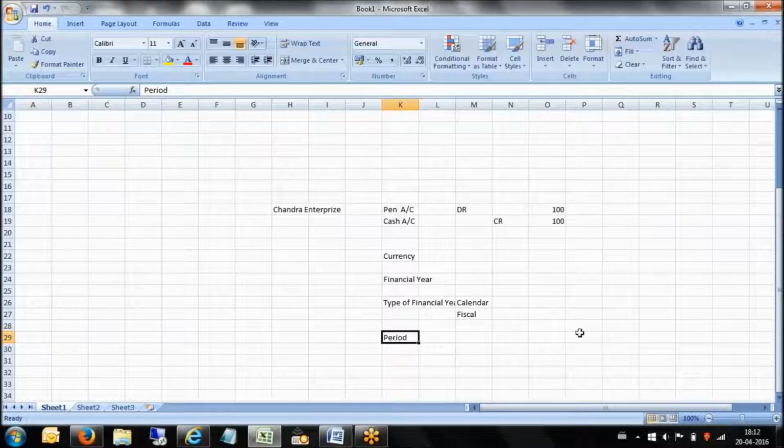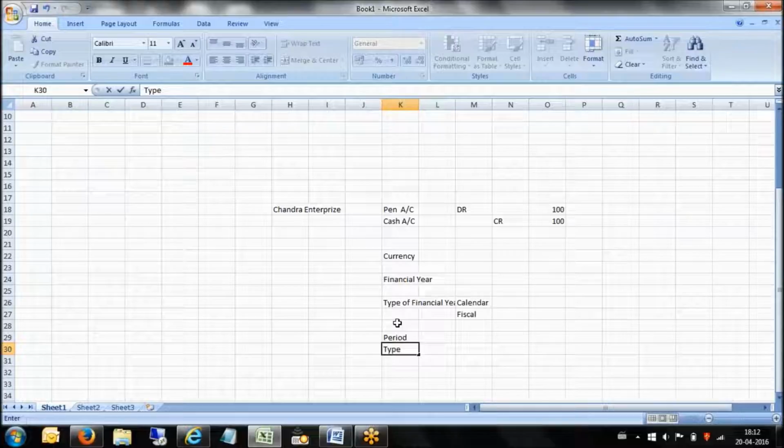But the minimal way of generating the report is the period. Then this period also has a type, as I told you.